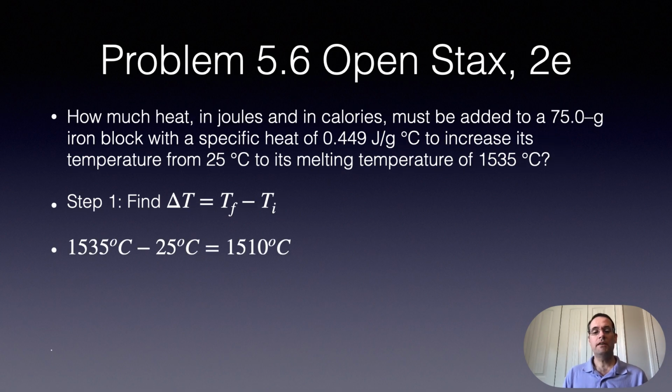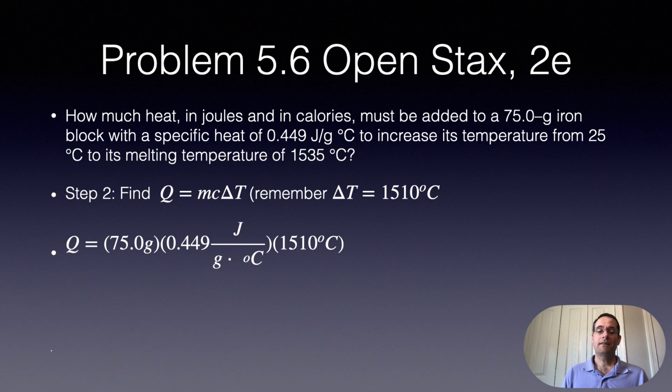So here we just plug in the final temperature minus the initial temperature, and we get 1,510 degrees Celsius, a very big number for this iron block, or this piece of iron anyway. Now, what we want to do next is to plug these values into the warming equation, okay?